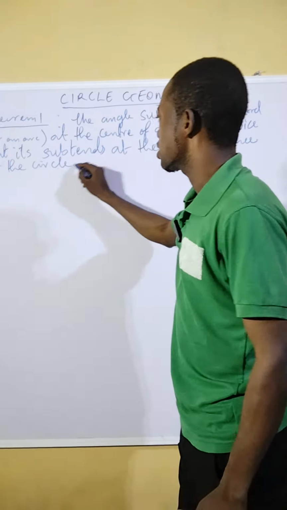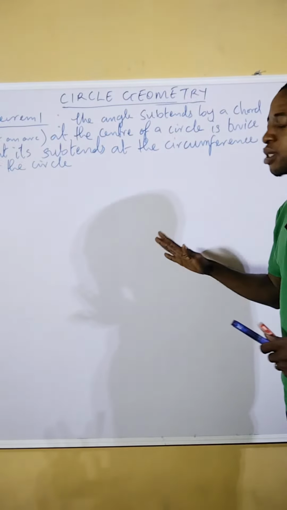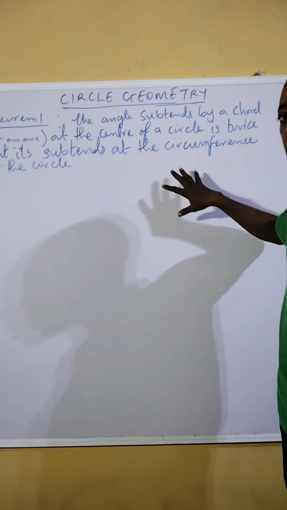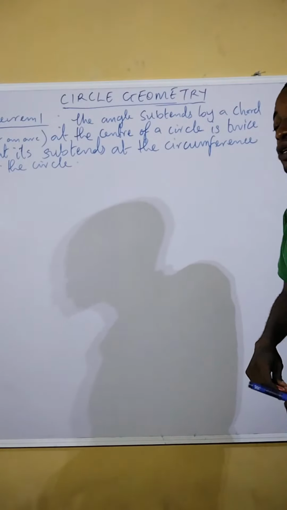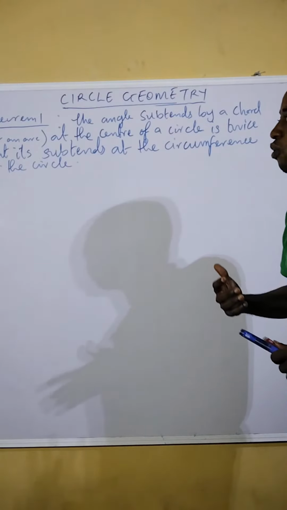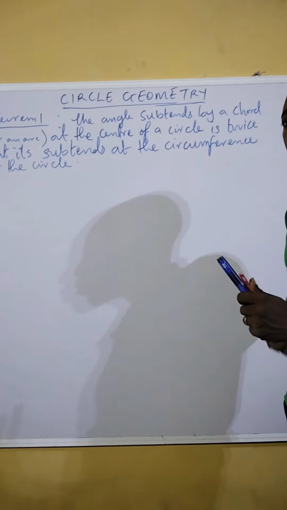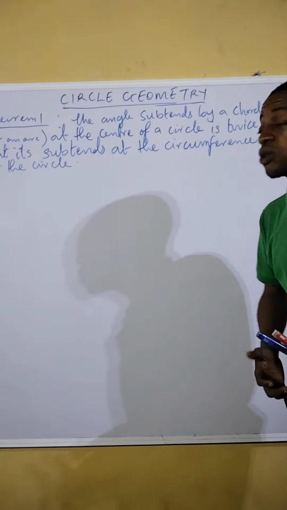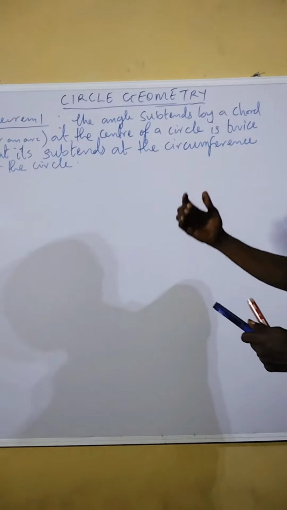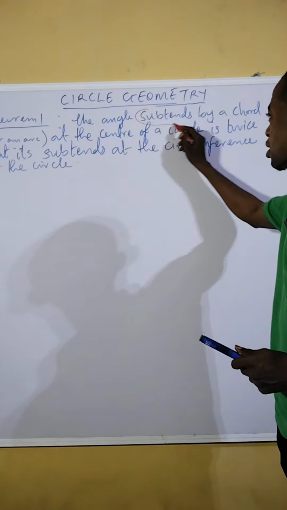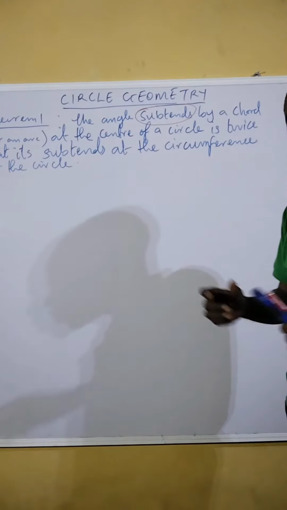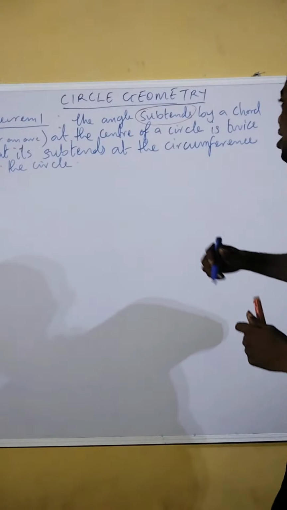Now, very quickly in this class, we want to look at the proof of this theorem. Once we are able to prove this theorem, it's like the foundation of circle theory. We are going to be able to recall all other theorems which will be applicable when we are solving riders under geometry. The word subtended is not new to us again. That's the one formed by a chord or an arc at the center.